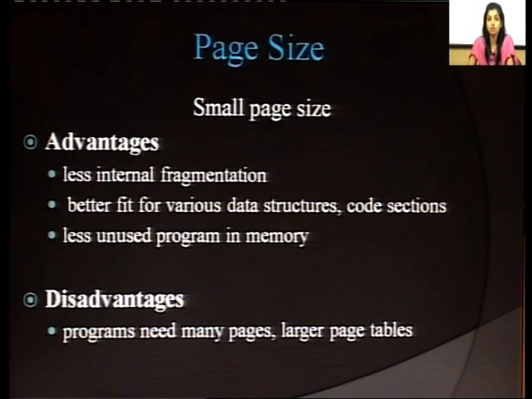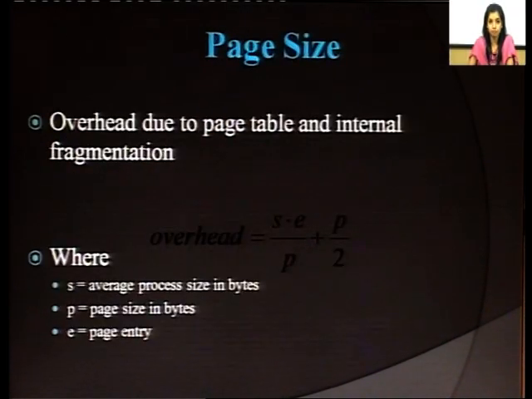We require a page table to keep a record of the pages coming in and going out of main memory. So page size is also a consideration: overhead due to the page table and internal fragmentation.